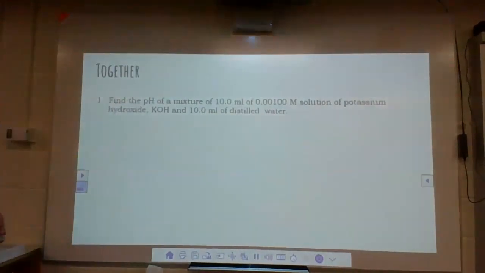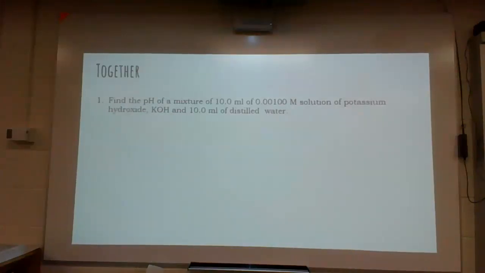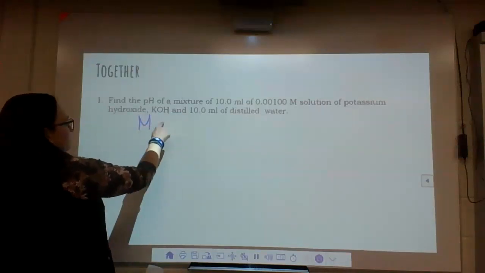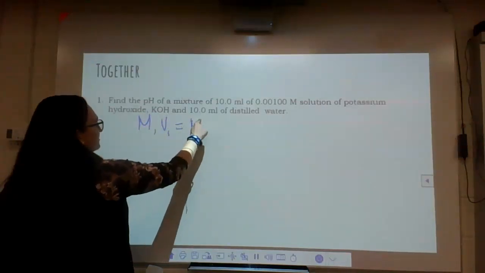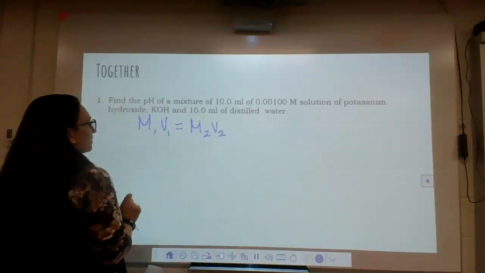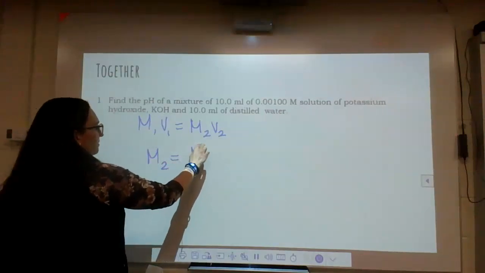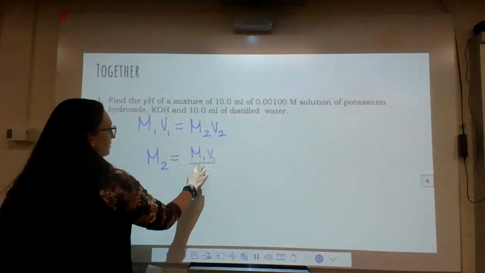Here's our together problem. We'll find the pH of a mixture of 10 milliliters of 0.001 molar solution of potassium hydroxide and 10 milliliters of distilled water. So we are diluting our solution here. So I need to first calculate the new molarity of my potassium hydroxide. So I have M1V1 is equal to M2V2. So my M2 will be equal to M1V1 over V2.